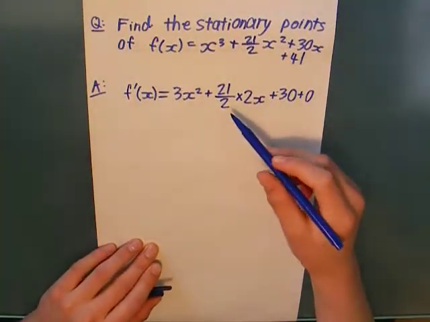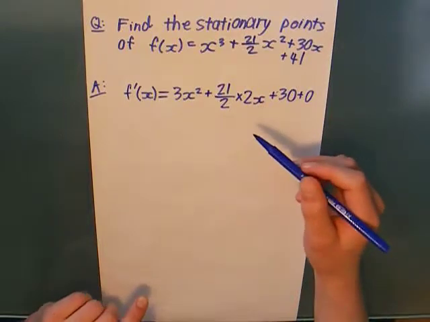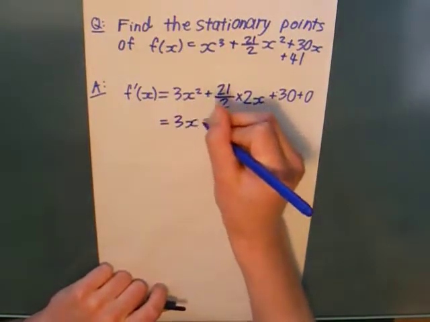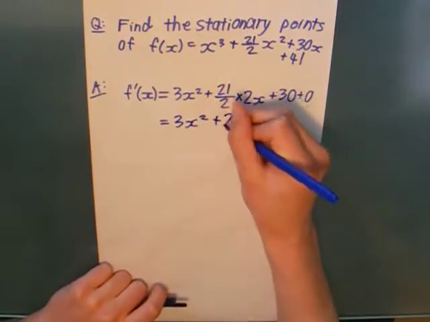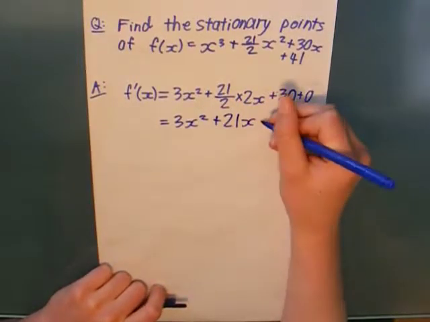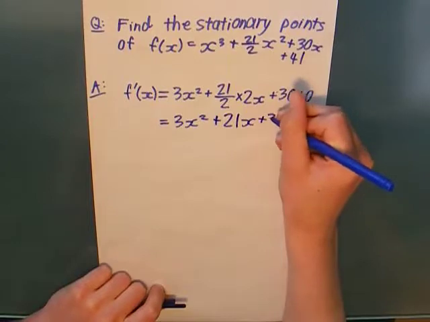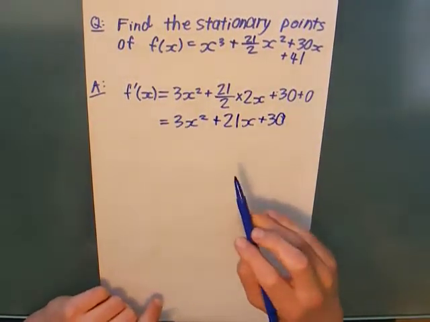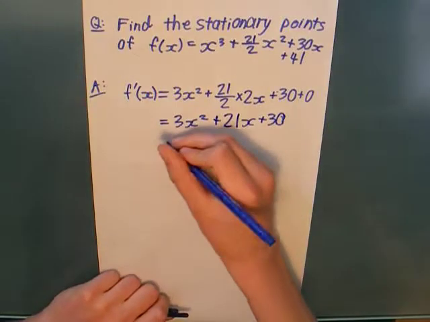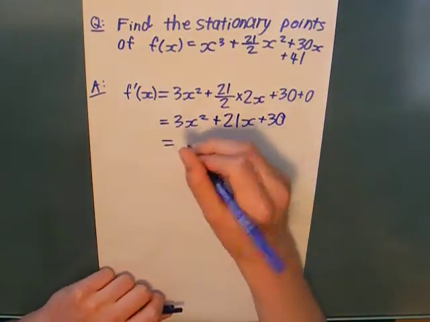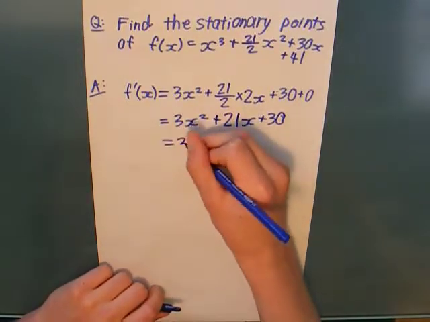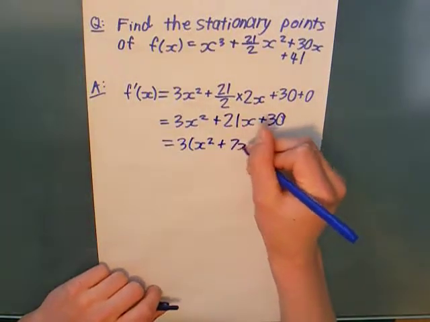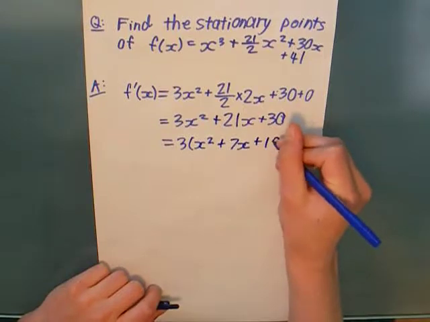Okay, now I know 21 over 2 times 2, well, that's just 21, so I've got equals 3x squared plus 21x plus 30. Now, some of you may have noticed that I can take out a factor of 3 here, so that's just equals 3 times x squared plus 7x plus 10.